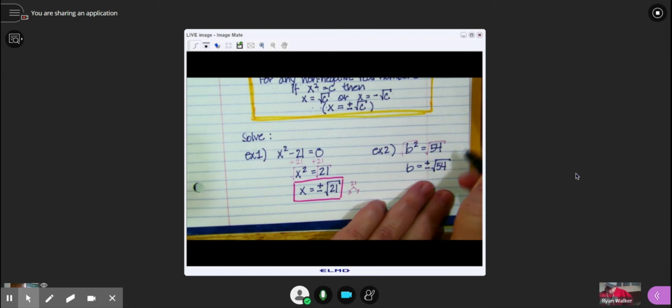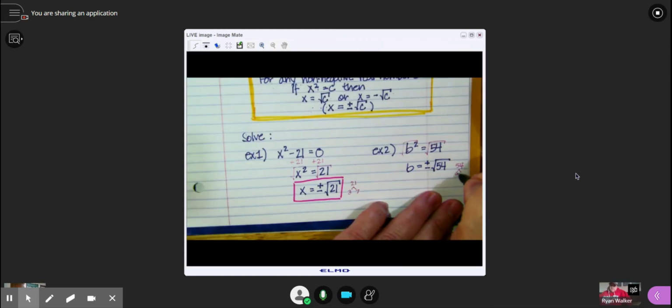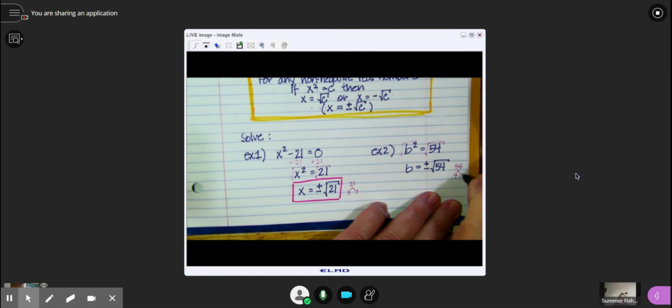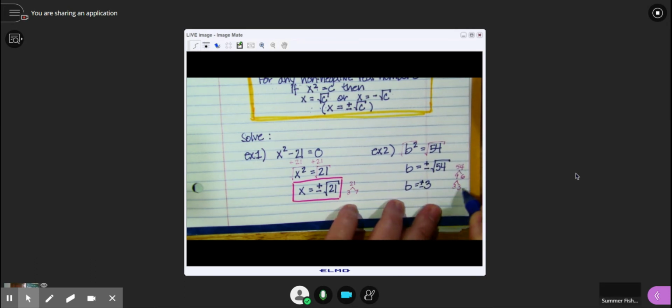Can the square root of 54 be broken down? 54 is 9 times 6, and 9 is 3 times 3. Since I have a double here at 3, this would be plus or minus 3 square roots of 6.